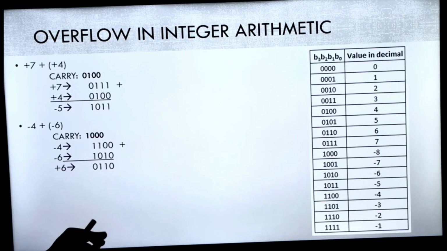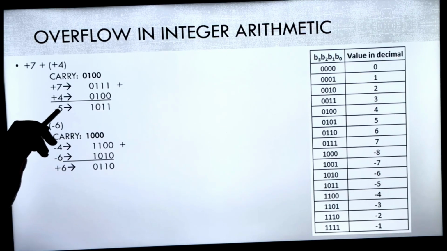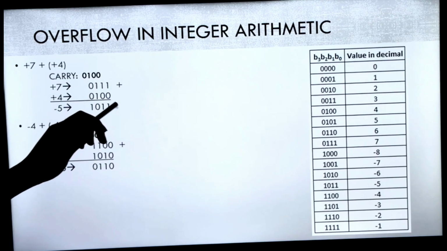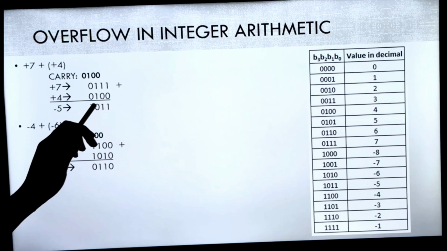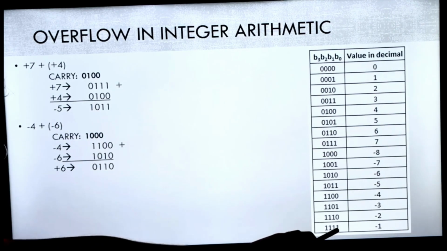Now, as I told you, the first or official way to determine overflow is to see the range. What is the range? I have plus 7 and plus 4. The final result is plus 11, and I cannot represent plus 11 using 4 bits because we have the range, right? Using 4 bits, what is the maximum positive number I can represent?